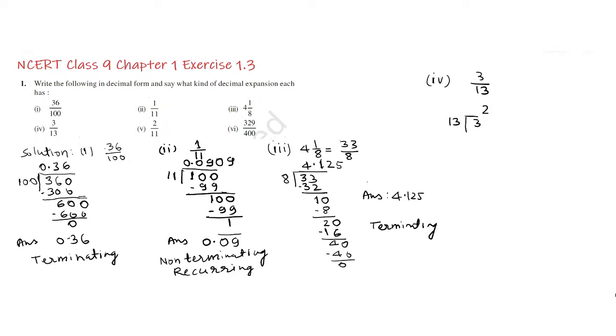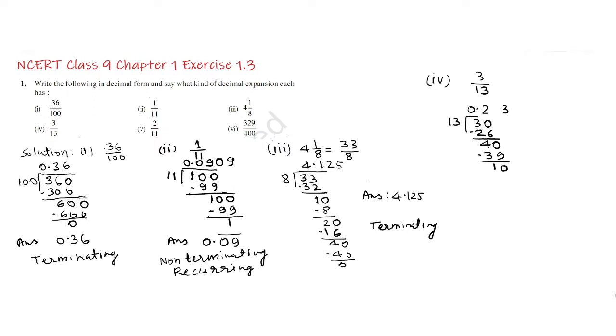So we put the decimal and carry 0. 13 times 2 is 26. On subtracting 26 from 30, we get 4. We carry 0. 13 times 3 is 39. On subtracting, we get balance 1.